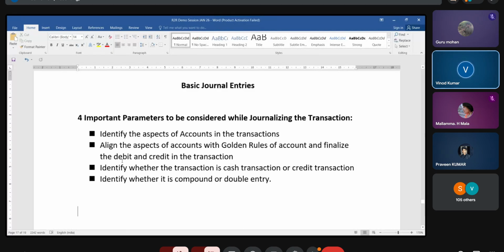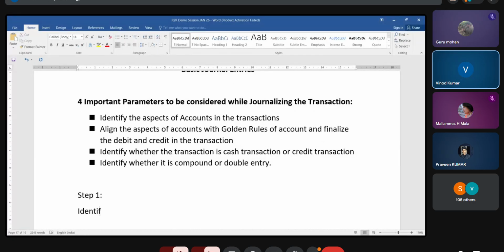Okay, fine. See, the first aspect I'm telling is to identify the aspects of accounts in the transaction. So the first step, to analyze any transaction, what is the step, guys? Step one: identify the aspects of accounts in the transaction.